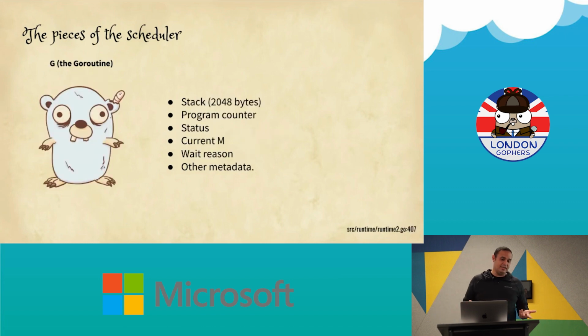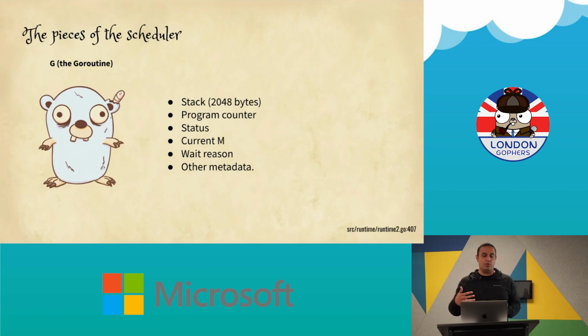And the Goroutines. A Goroutine in Go is mainly a stack, just a chunk of memory, 2 kilobytes, for storing the stack information. A program counter, which is a pointer to the current executing instruction in assembly. The status, which is the current status of the Goroutine. We are going to see more about the statuses.